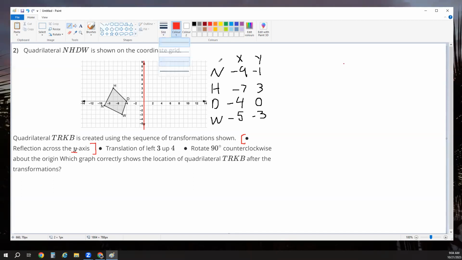My new point coordinates, x and y, are derived from the black terms. This is a reflection across the y-axis. I said x-axis, I meant y-axis. So my algebraic description is x comma y yields, when it's a reflection, the x's and the y's don't flop.